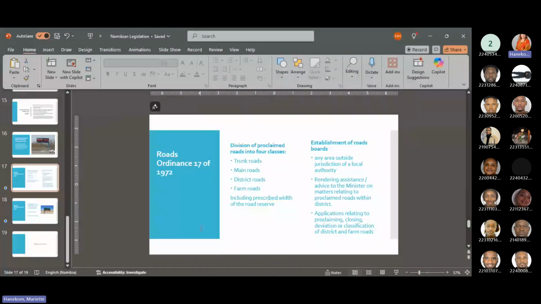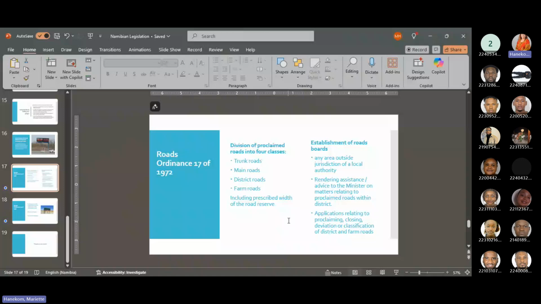The roads ordinance also provides for the establishment of roads boards. So for any area outside the jurisdiction of a local authority, a roads board can be established to give the necessary assistance and advice to the minister, and also deal with applications relating to the proclamation of new roads, closing roads, etc., etc. We still have plenty of roads boards.